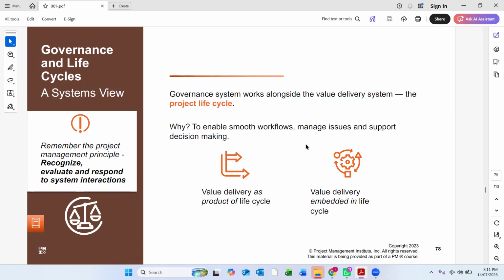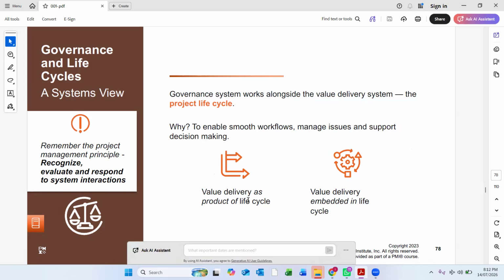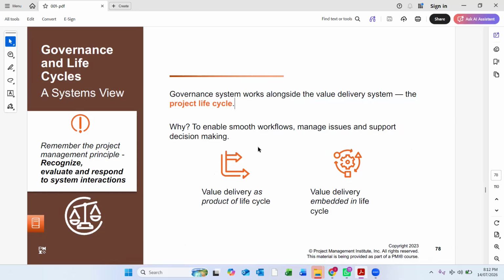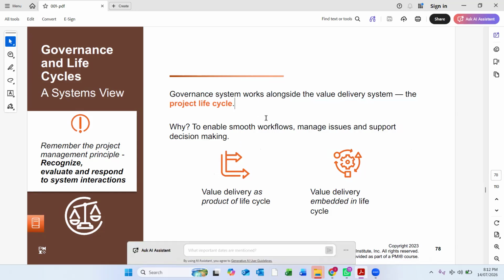In order to sort out the workflows, issues should be managed, and the one making the decision should also support the team members. They should work side by side along the delivery system.